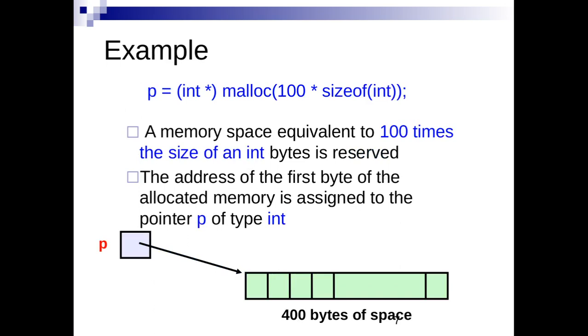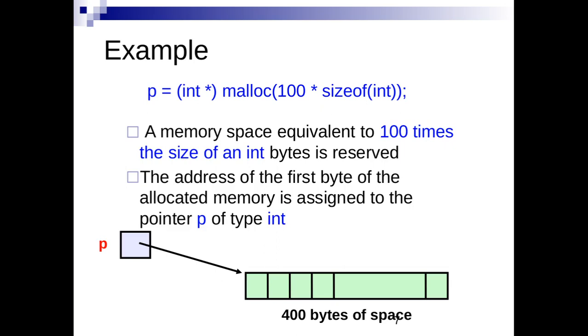Here, malloc is used to allocate space enough to store 100 integers, and then to assign an integer pointer the address of the first of those 100 contiguous locations.